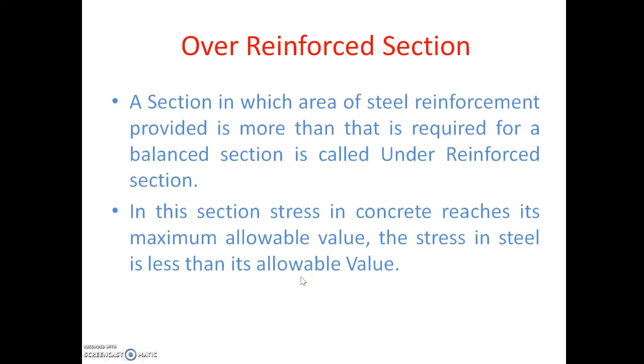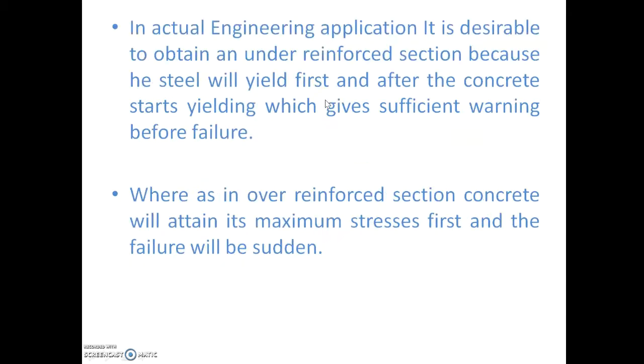In this case, the concrete will fail and the steel will not fail. The concrete failure is a sudden failure because concrete is a brittle material. So over reinforced sections are not preferred for construction purposes.